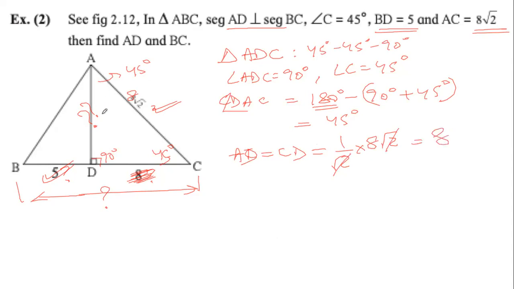So our AD comes to 8 and our CD comes to 8. We got the first answer: AD is equal to 8 units. To find BC, we see B, D, and C are collinear. So our BC will be equal to BD plus CD.